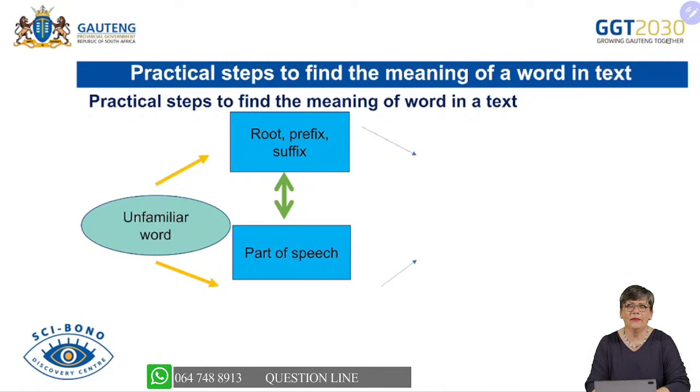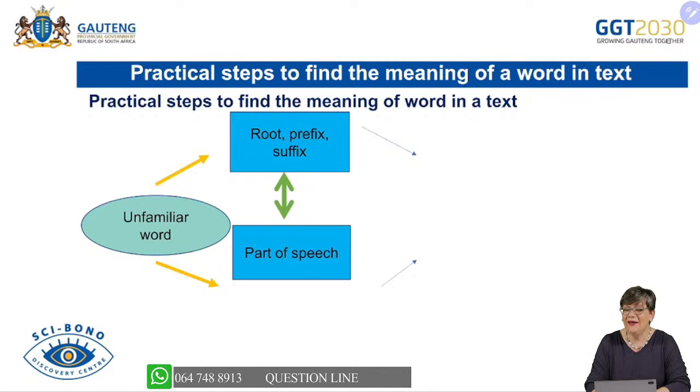Is it an action word, which means it's a verb? Is it a word that's describing a noun? Then it's an adjective. Or is it a noun? Can I put this word into a plural? Can I taste it? Can I smell it? Well, if you figure that out, then you're halfway there already.